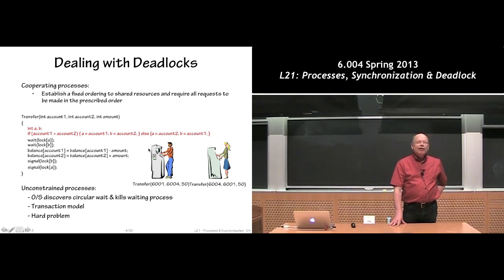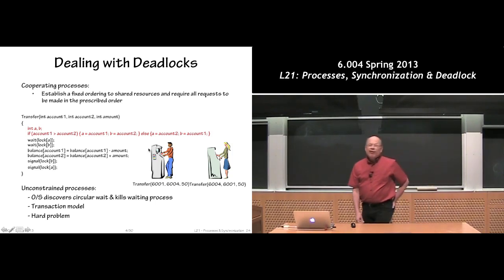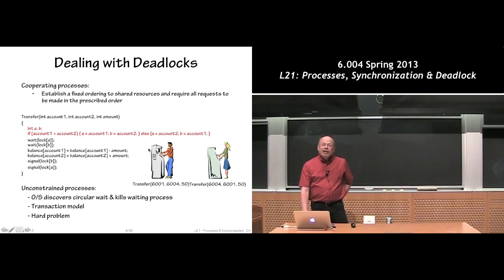This central authority organizing some sort of relationship among everything that's possible turns out to be cumbersome. So this is a solution that works when you can write all the code, like the bank can. It works less well if you're trying to manipulate two things in the operating system, this device and that device, and you don't have control over all the drivers and stuff like that. So deadlocks can be a substantial problem.